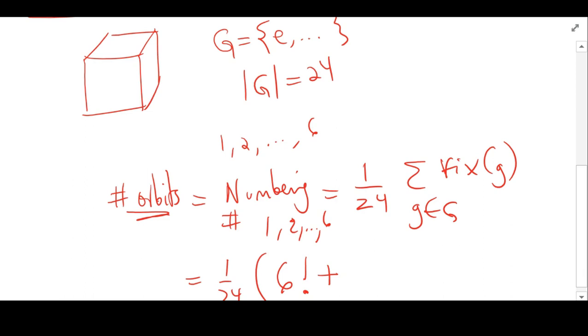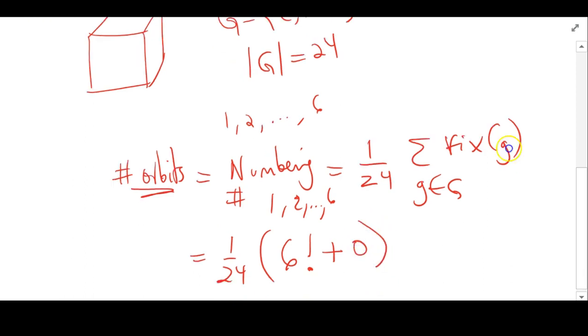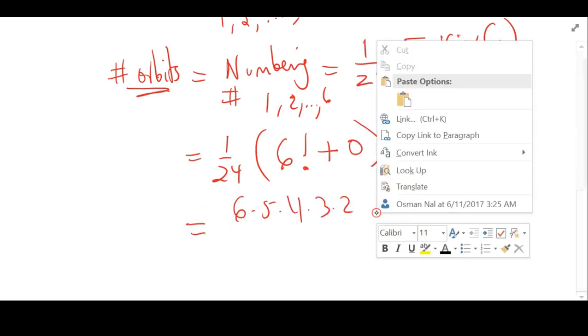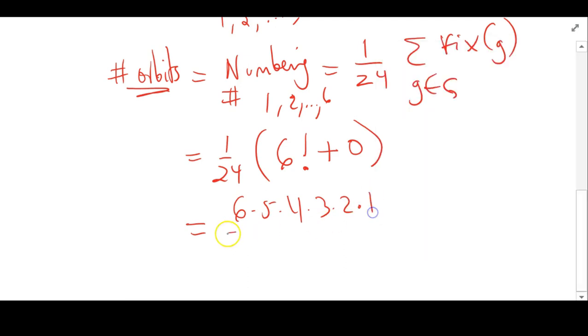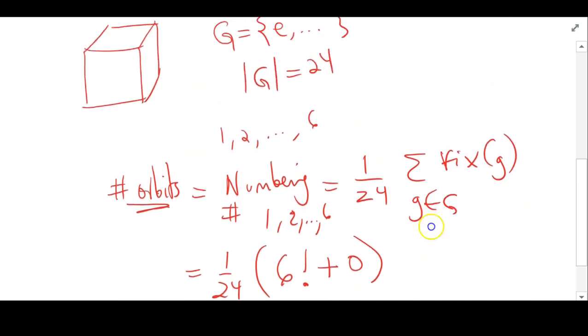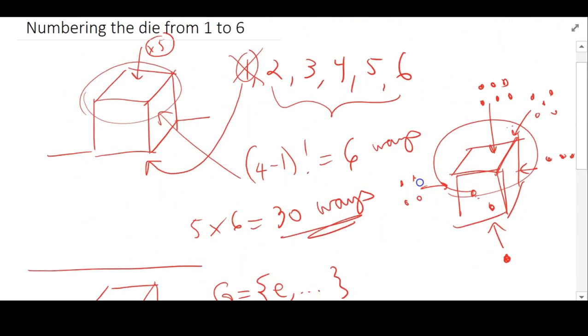So all the others will contribute simply 0, and that's it. So that's just 6 times 5 times 4 times 3 times 2 times 1 all over 6 times 4. The 6's cancel, the 4's cancel, again 6 times 5, 30 different ways to number the faces of a die, and that solves our problem.